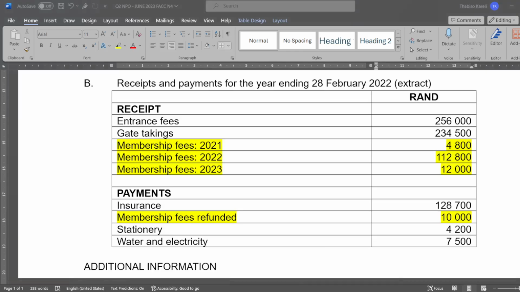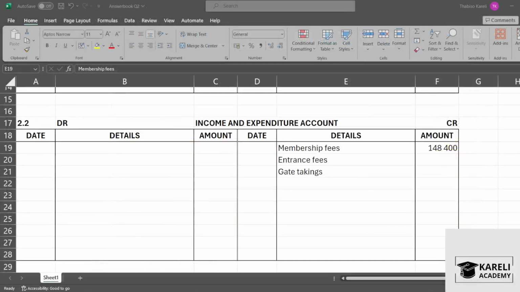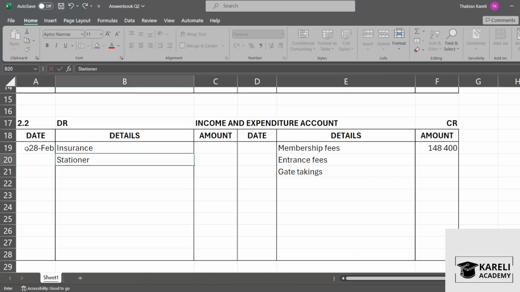Now remember, they are our expenses. Therefore, they go to the debit side. Expenses, debit sides. Please don't forget to indicate the dates. We have insurance. We have stationery.